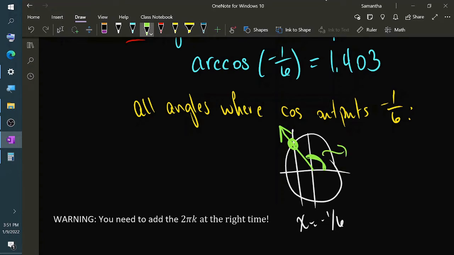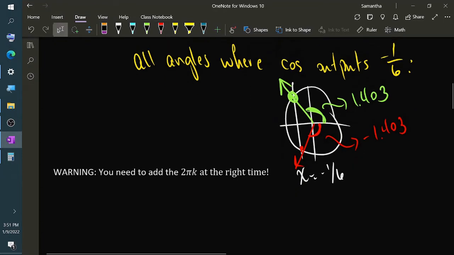So here's the angle 1.403. What angle will get me to this other location on the unit circle with the same x-coordinate? I can just go the opposite, -1.403, to turn clockwise instead of counterclockwise. And so that is another angle where cosine will achieve the same output.